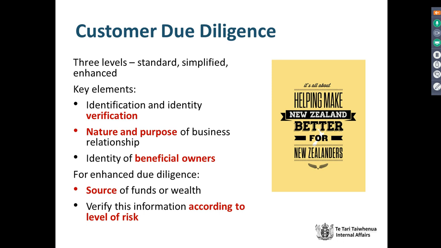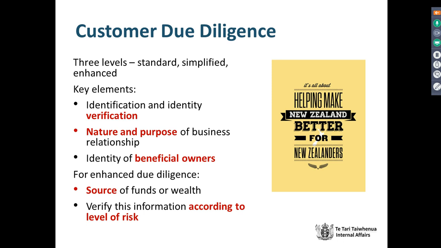So customer due diligence. There are 3 levels of CDD. You'll need to be sure that you're using the right level, which will depend on the unique factors of each of the business relationships which you form, the characteristics of the customers, the nature of activities and transactions you're facilitating, and the potential for money laundering or terrorism financing risk. The 3 levels are standard CDD, which is common for most situations for most New Zealand transactions based with New Zealanders.